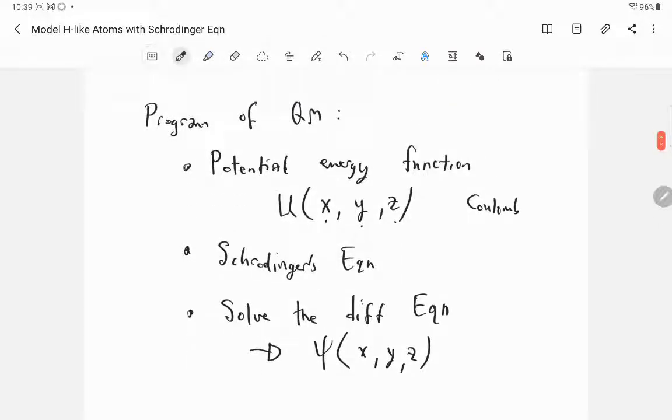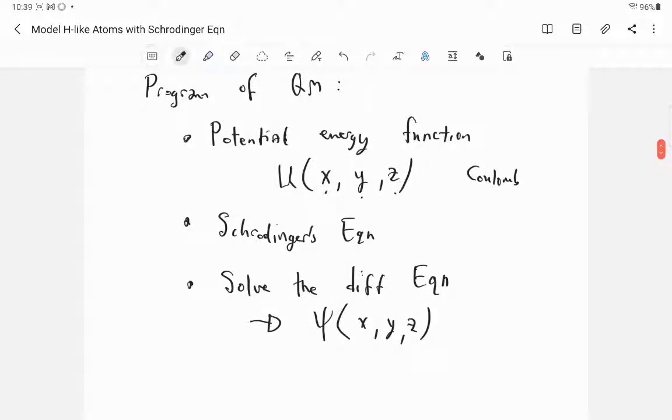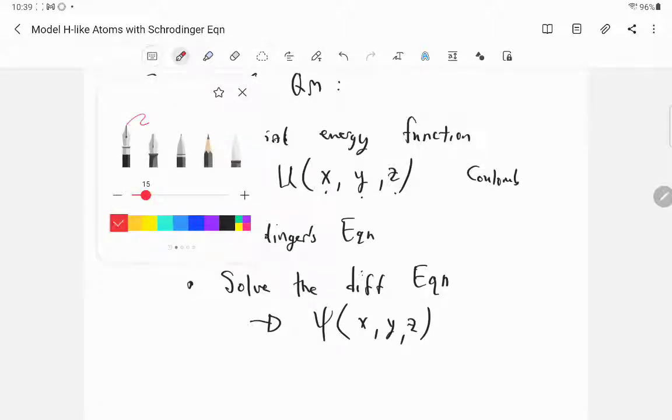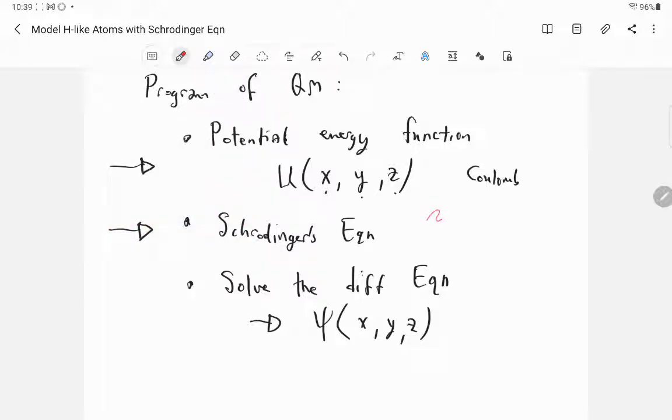Okay, so the purpose of this video, honestly, is just to describe the potential energy function and then show you what Schrodinger's equation looks like. But what you're going to see me do is tell you that the problem is more natural in spherical polar coordinates.